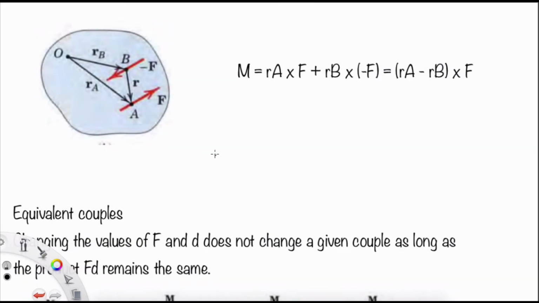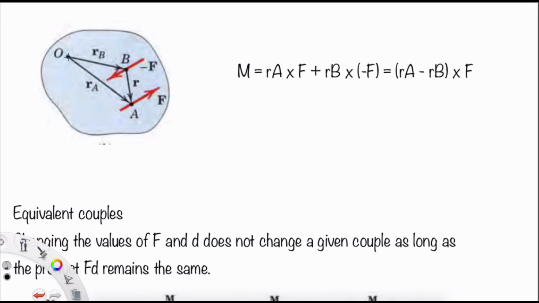And what about the cross product? We can also use the cross product here. Like the previous case, we have two forces, equal, opposite and non-collinear, and we can use the algebraic method.